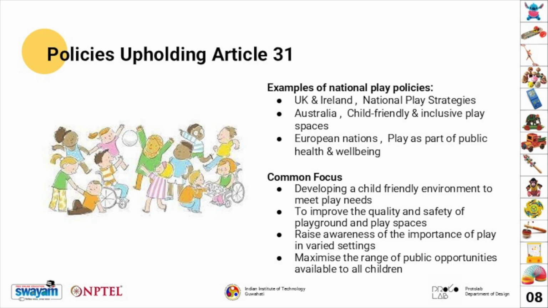They focus on creating child-friendly environments rather than prescribing specific toys or activities. In Australia, policies emphasize inclusive and accessible play spaces. There is a strong focus on outdoor play, risk-balanced safety, and participation of children with disabilities.